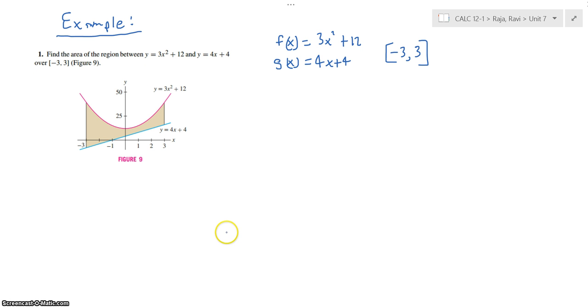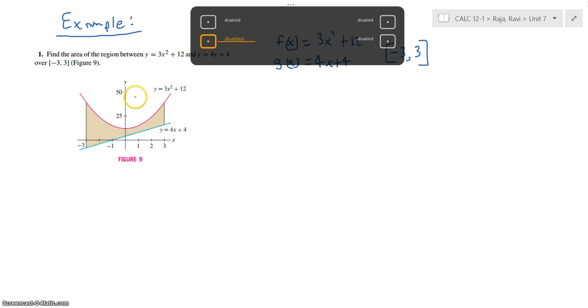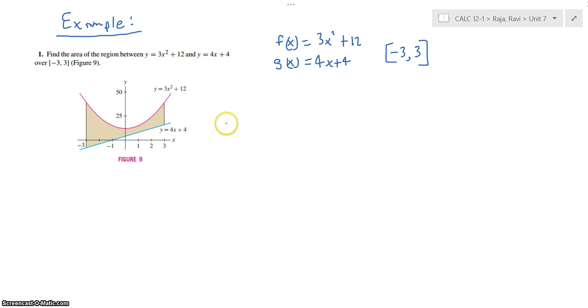Okay, so now we're going to try an example from the textbook. Find the area of the region between y equals 3x squared plus 12 and y equals 4x plus 4 over the interval of -3 to 3. We have this picture here, and we can determine that our f of x will be 3x squared plus 12, and our g of x is 4x plus 4.